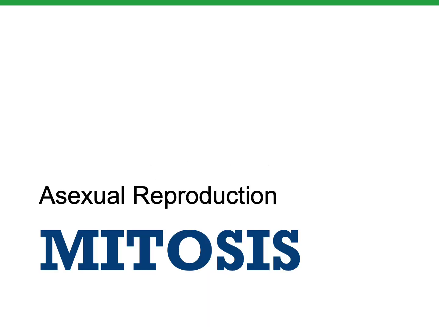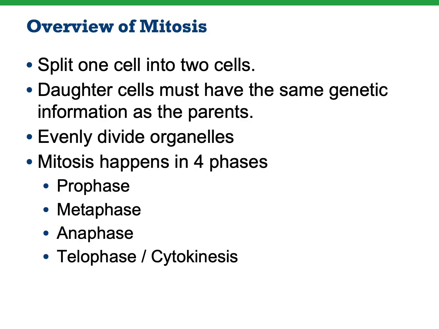Now let's discuss asexual reproduction of somatic cells or mitosis. Mitosis is the process where one cell splits into two. The outcome is that the daughter cells must have the same genetic information as the parents.